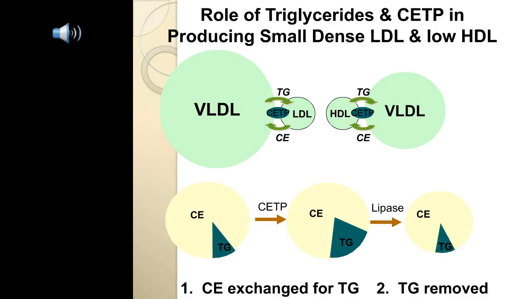And we've highlighted the role of cholesterol ester transfer protein before, but you'll appreciate that it's really the amount of triglyceride present in terms of triglyceride-rich lipoproteins like VLDL, which drive the lipid exchange, which removes the cholesterol from LDL and HDL, and replaces it with triglyceride, which is then consumed, leading to the action of lipase to generate a small, dense LDL particle. So a two-step process where the cholesterol is exchanged for triglyceride and the triglyceride is removed.